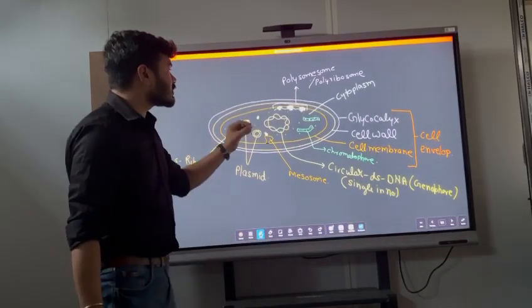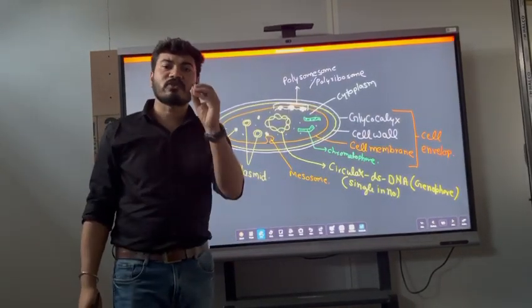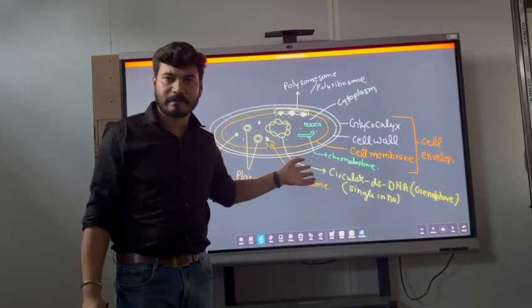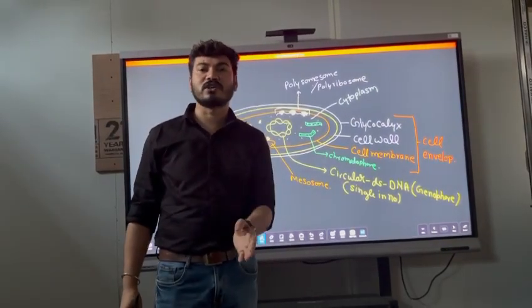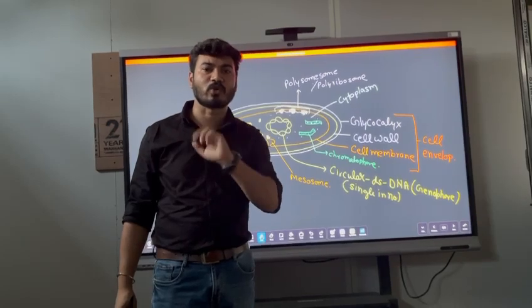Chromatophore is a membranous structure in which the photosynthetic pigments are present, and that's why we can say chromatophores are analogous to the thylakoid of the chloroplast.